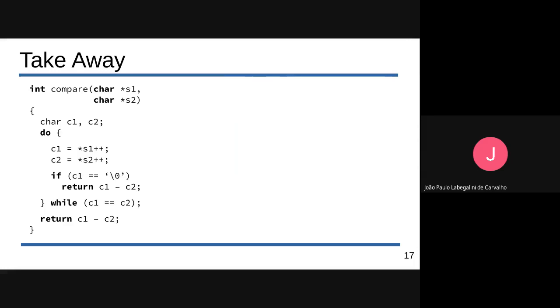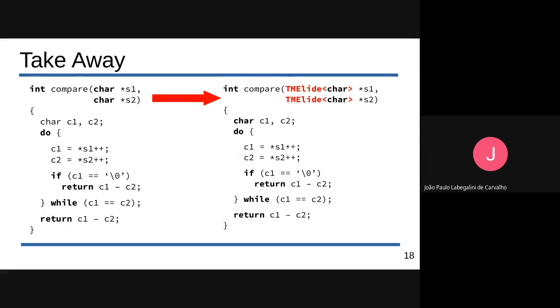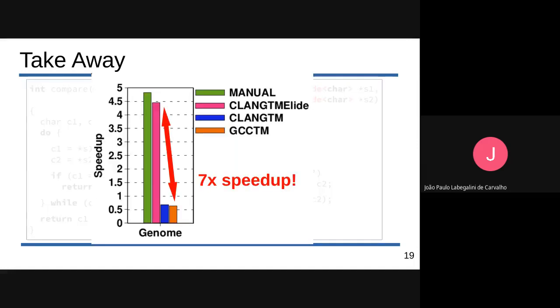We have a function that compares two strings, and if we know that the strings are private or they don't require synchronization to be accessed, we can very easily annotate them with a TM-elide annotation, and that means the compiler is going to elide all the barriers involved in accessing both strings. And if we do that in a real application from the STAMP benchmark, we can achieve up to 7 times speedup by just annotating a couple of lines of code.